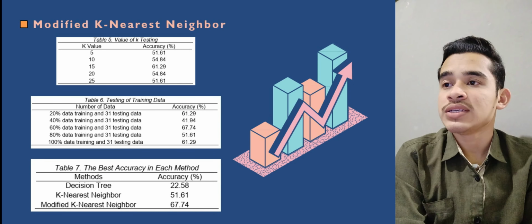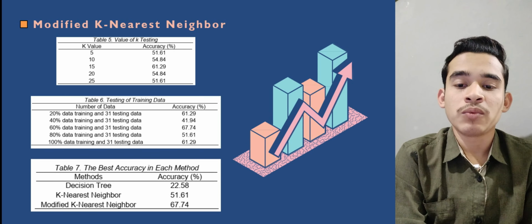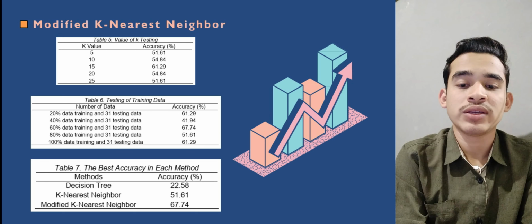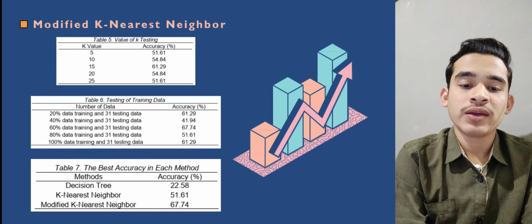Next, Modified K-Nearest Neighbor. In the MKNN method, a computing experiment has been done by testing the value of K and testing the training data. From table 5, it shows that the K value of 15 has the highest accuracy, 61.29%. The K value of 15 proves to be the optimal value, and after 10 to 15 it is the implemented value.